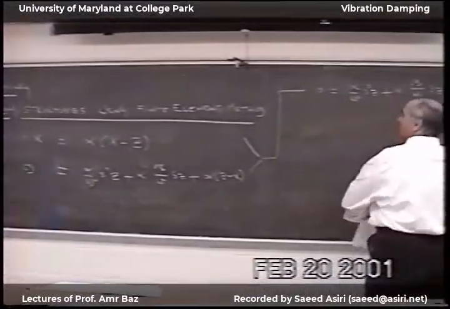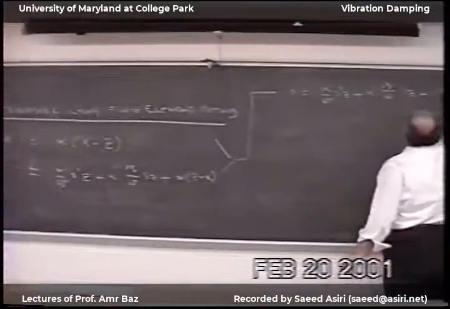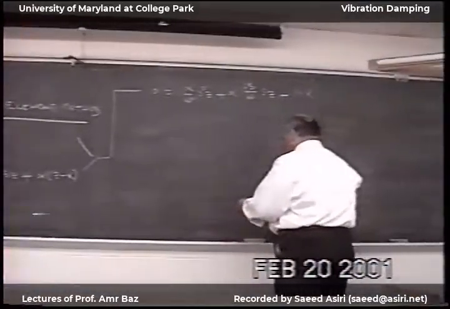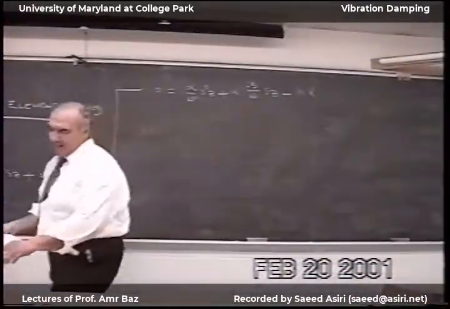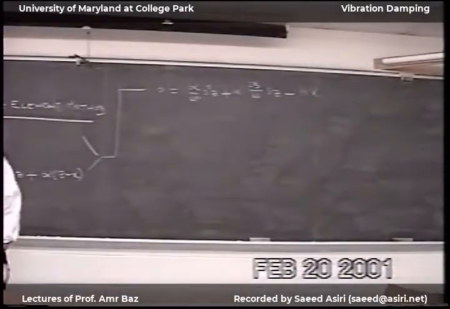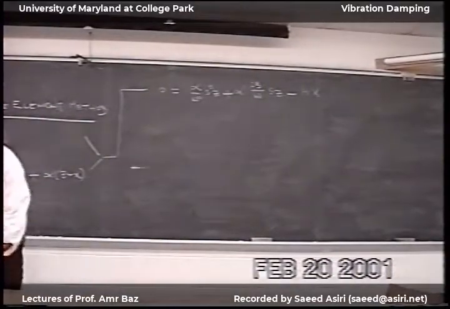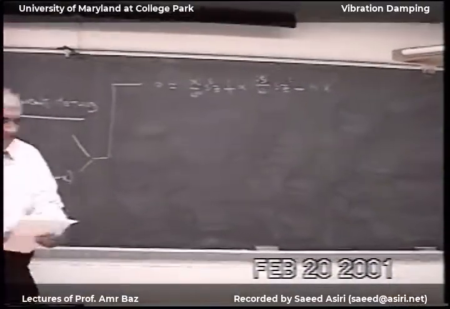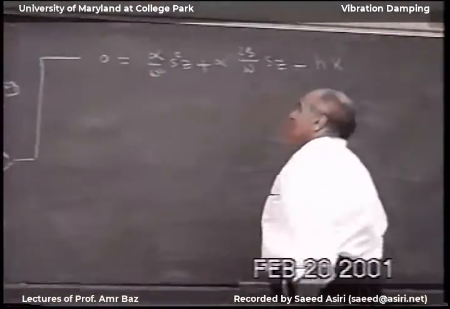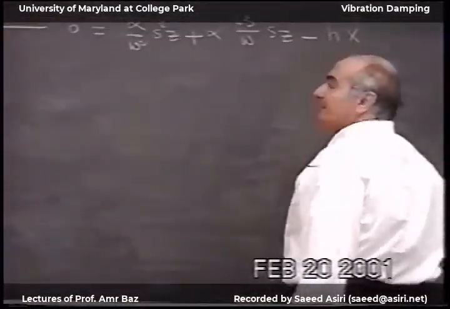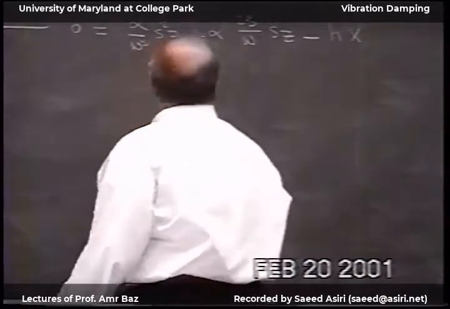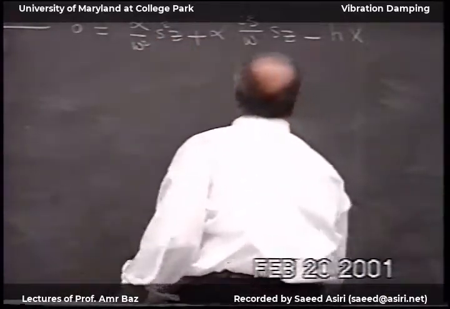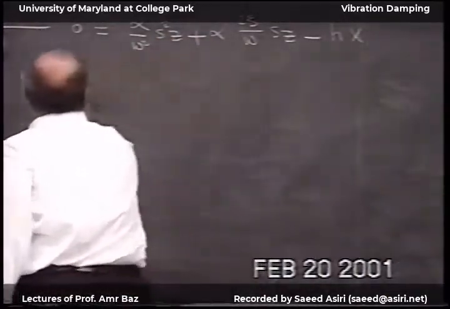So I'll have here minus h x, and this is equal to 0, hx. Okay, now I'm going to clean this, and I have hx on one side, and z s.